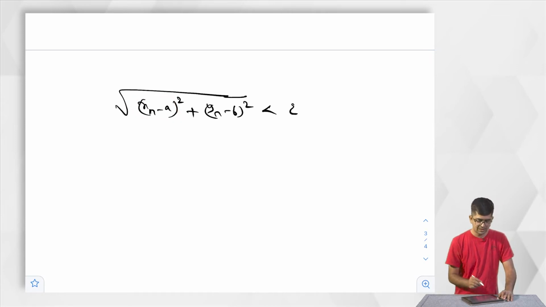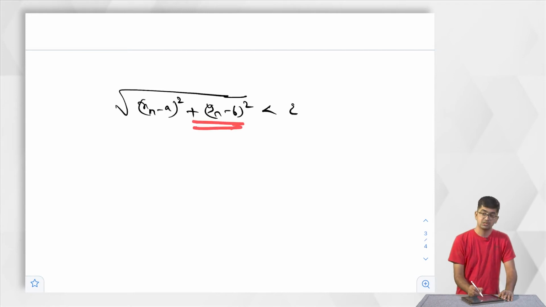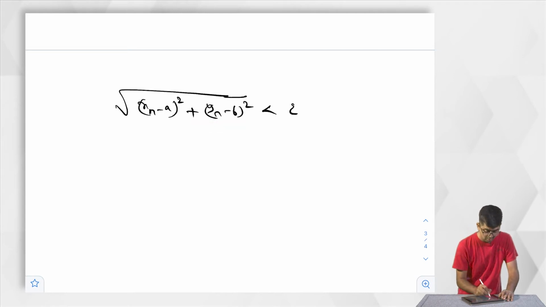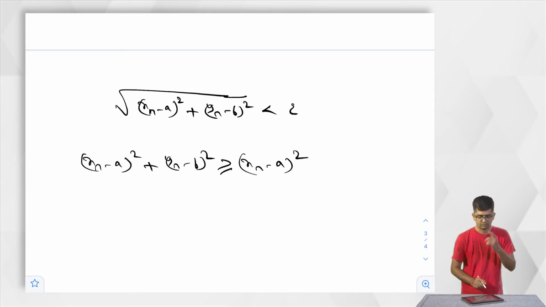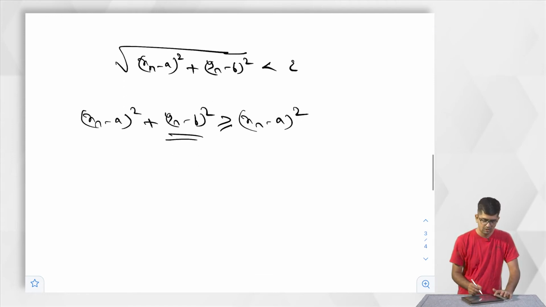One nice thing that is happening here is that this is a positive quantity. So (xn minus a) squared plus (yn minus b) squared is greater than or equal to (xn minus a) squared. This is a positive quantity, so we can simply write that down.